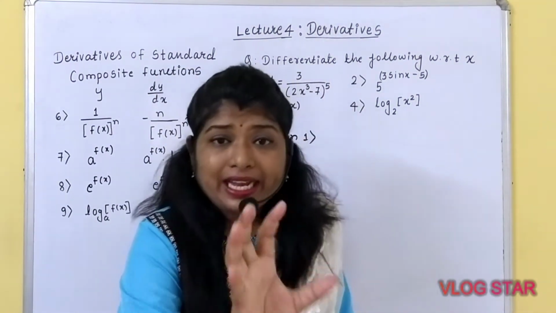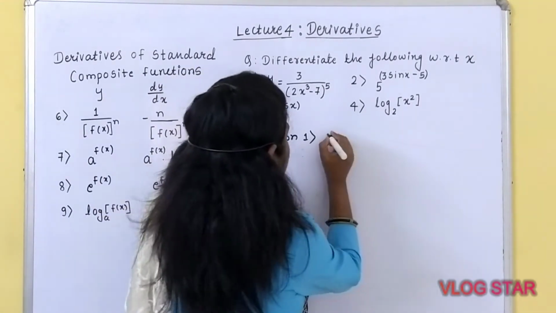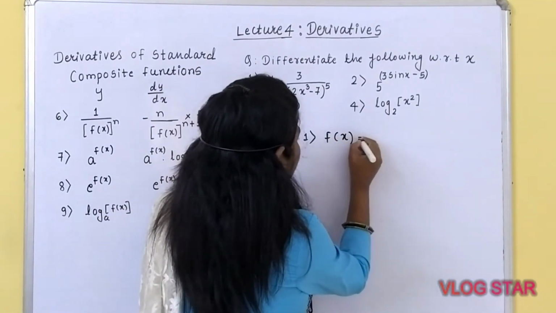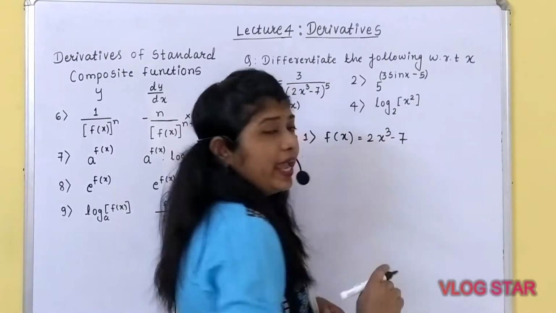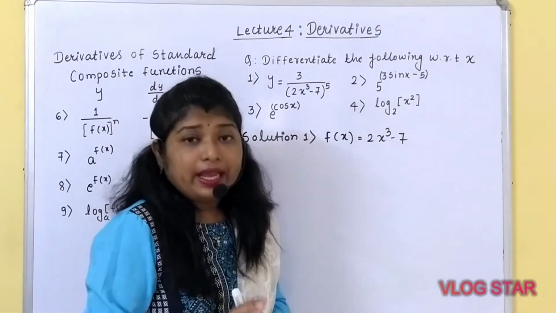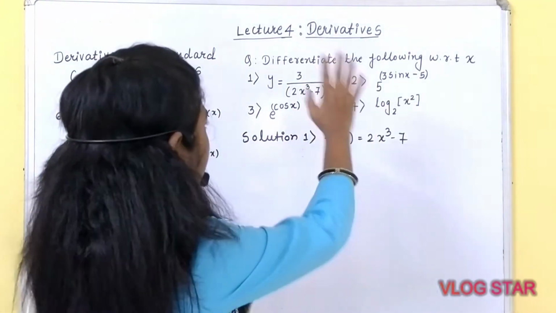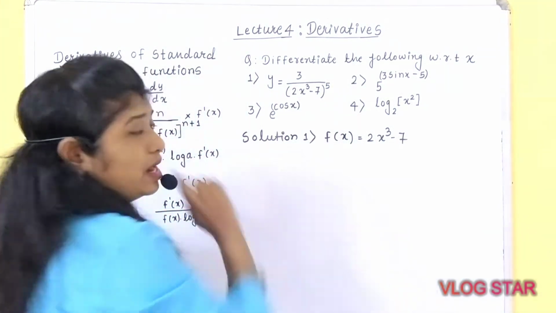First you have to identify what is f of x. If you observe carefully, could you identify f of x? f of x is 2x cube minus 7, whole raised to something. It means that if you compare with the standard results, this belongs to result number 6.